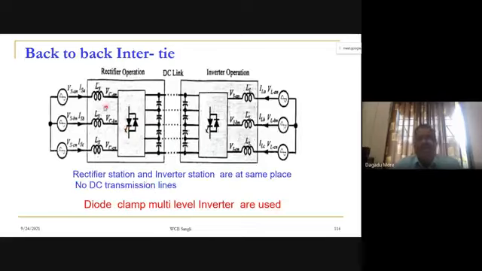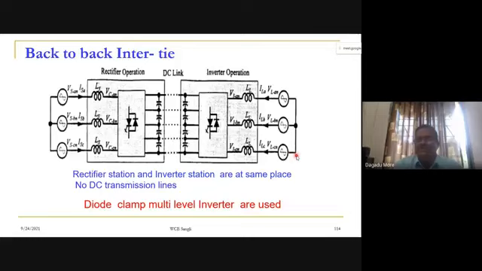Similarly here we can control VL on the load side. This angle also we can control completely, so that power will flow from one AC system to the other AC system. Here the system frequency may be 50 Hz, here it may be 60 Hz.